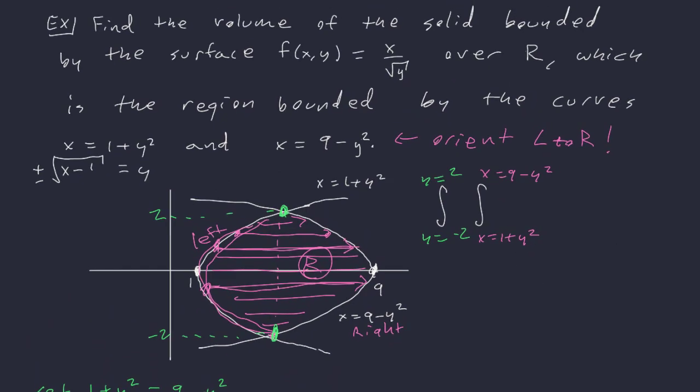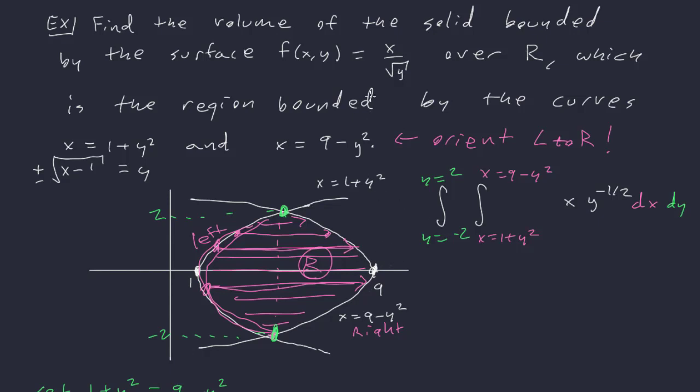Once we put this in here, x over the square root of y, and I'm actually going to write this as y to the -1/2, and it will be dx dy. All right. And I just realized something.